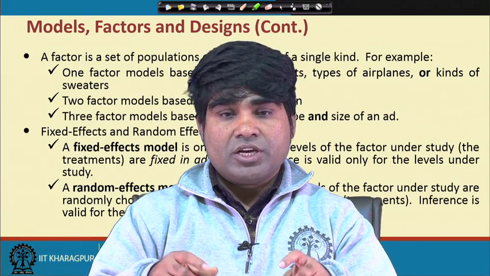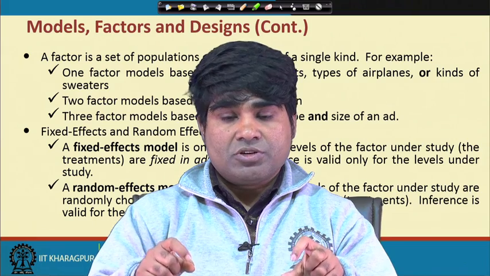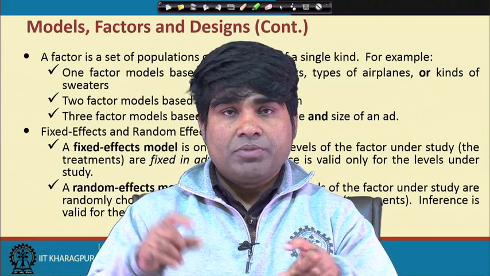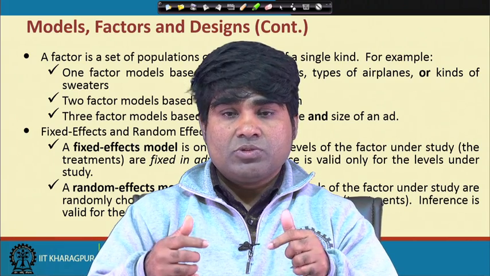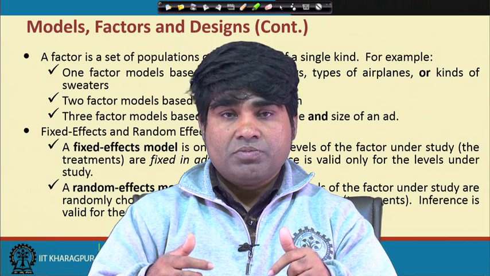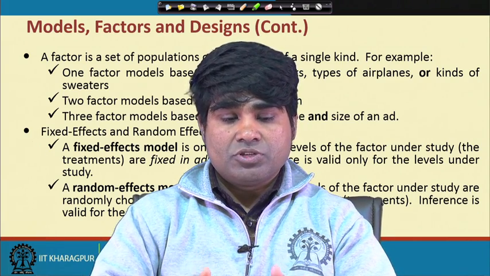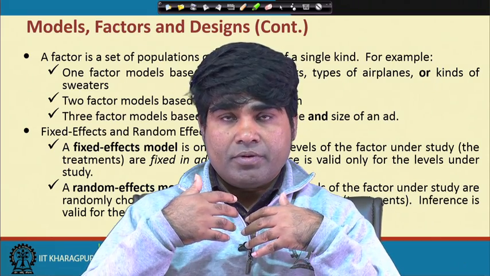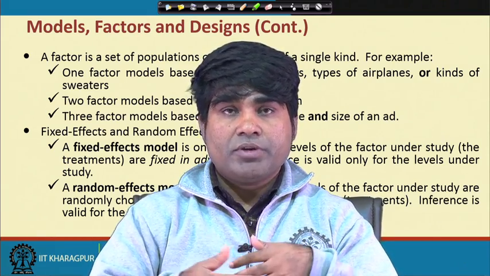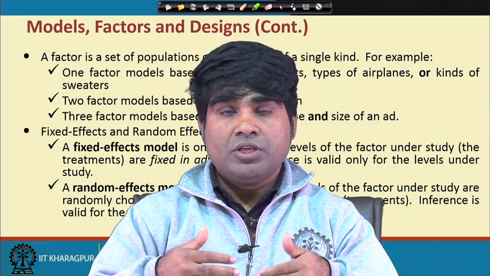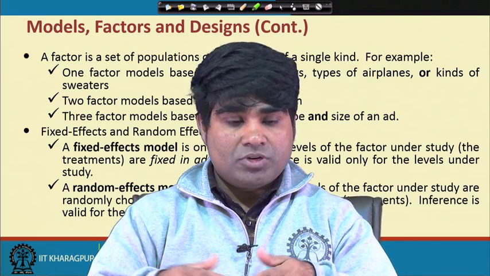ANOVA is a kind of cluster, like a panel data structure altogether. We have separate lectures on panel data modeling, but in the meantime we will analyze similar problems using factor models, that is one way, two way and three way factor models, depending upon the structure of the business problem.